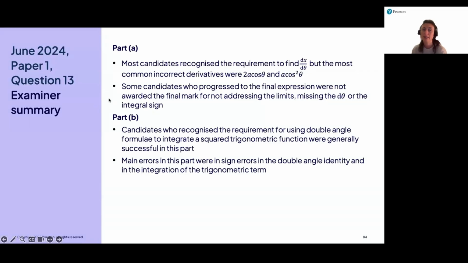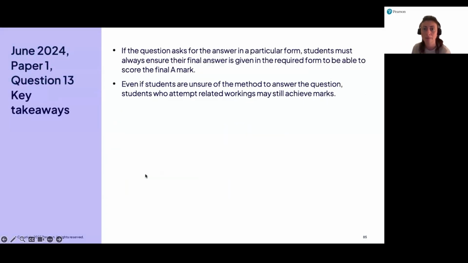Part B now, candidates who recognize the requirement for using double angle formulae were generally successful. Main errors in this part were sign errors in the double angle identity. Yeah, okay, so perhaps they mean from rearranging it to substitute it in to use. Key takeaways.